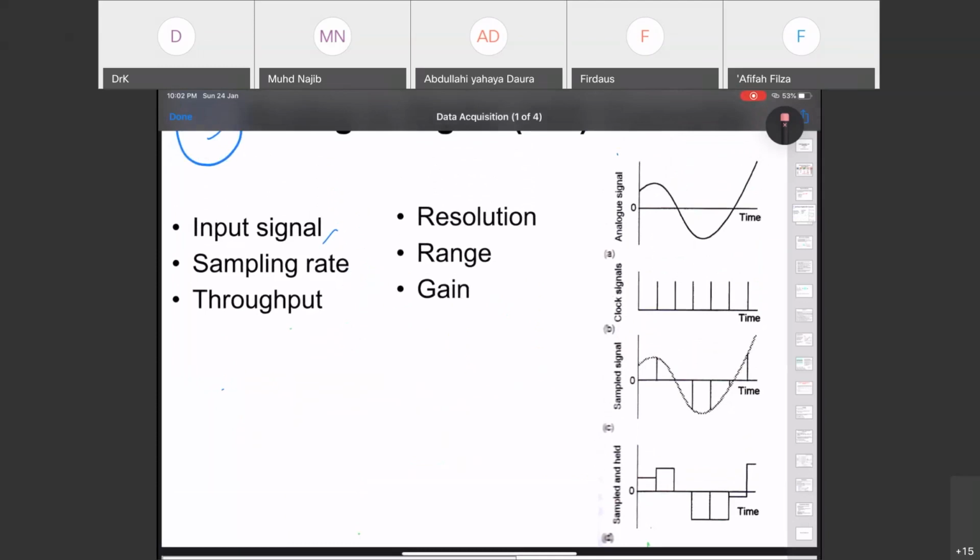Okay, you can pay attention to this analog graph over here. I have an analog signal coming from, for example, a temperature sensor. I have the temperature rising at 12 p.m. and I have my temperature going down to negative 10 degrees Celsius, for example.